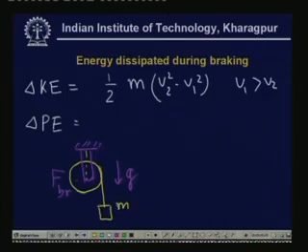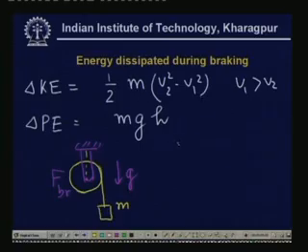Definitely there will be a change in kinetic energy, a reduction in kinetic energy. Also, as the mass goes down, there will be a reduction in potential energy. And what is the change in potential energy? It will be mg times h, where h is the distance through which this mass m moves after application of the brake.